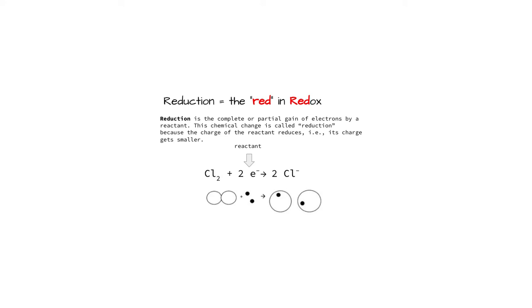So it gets tricky because reduction actually stands for the charge getting smaller. So I went from a 0 to a -1. So because that charge got smaller, it is a reduction half reaction.